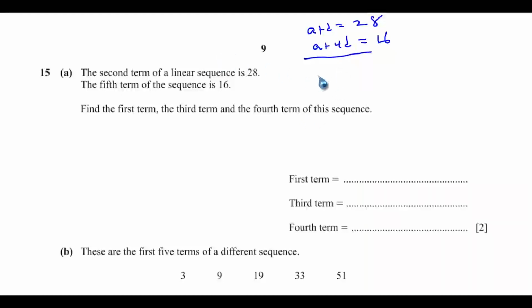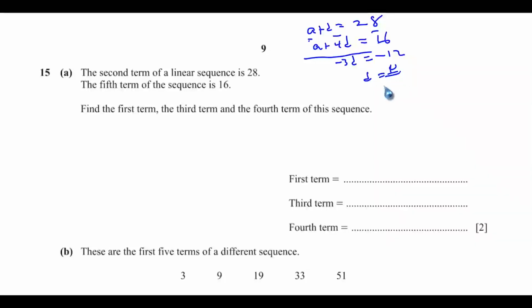Let's solve these two simultaneous equations. By putting a negative sign here, A will disappear. So we're left with minus 3D equals minus 12. If you divide both sides by negative 3, D will be equal to 4.